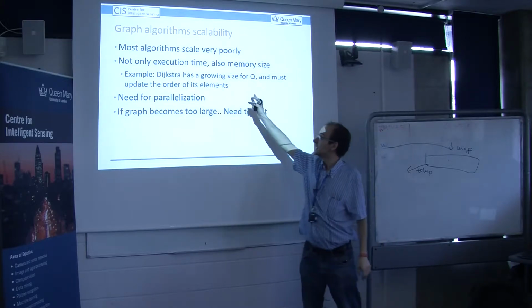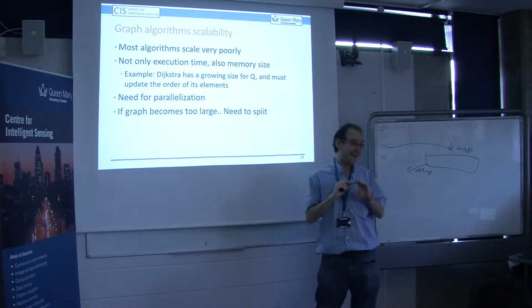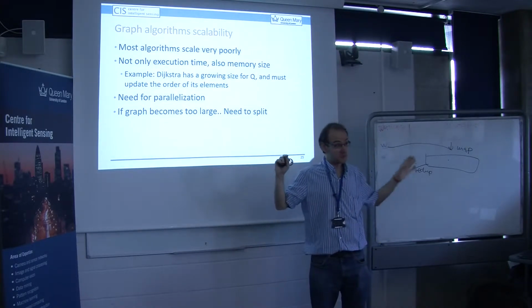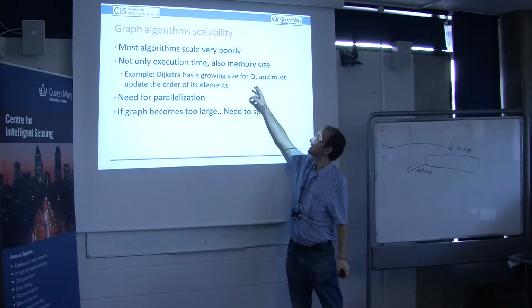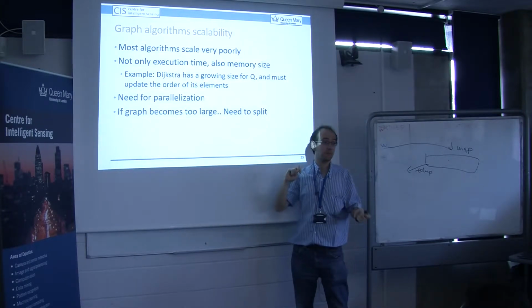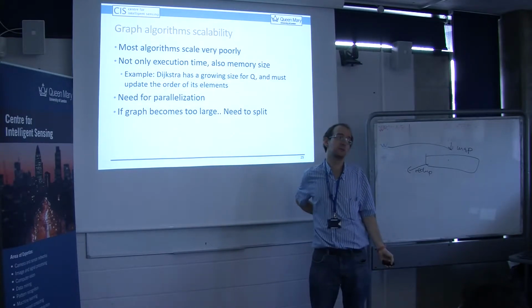Well, again, if my queue is relatively small, that's fine. As I get to a medium, large, very large size of a graph, just keeping it in a single machine and maintaining that data structure, again, won't work anymore.